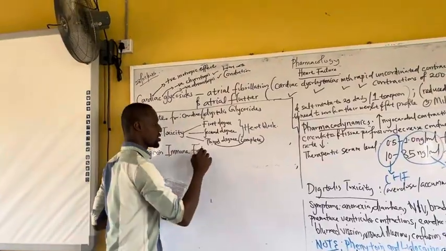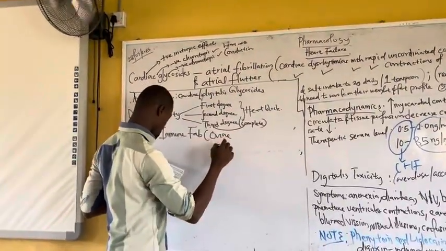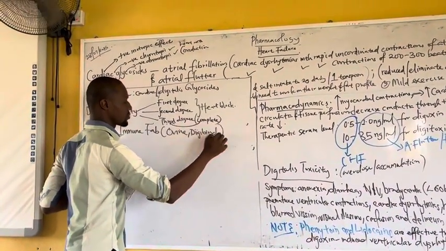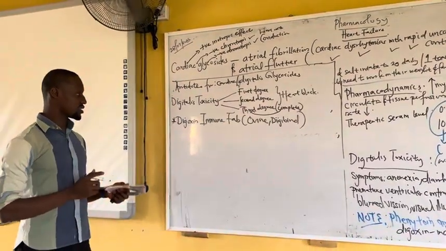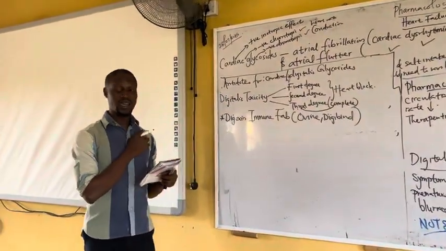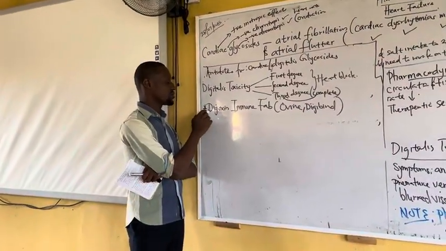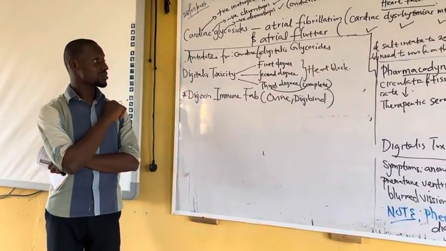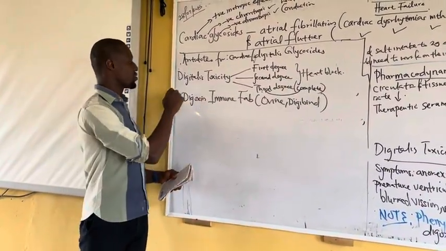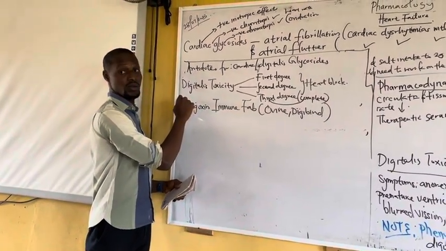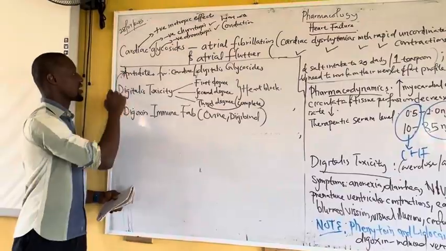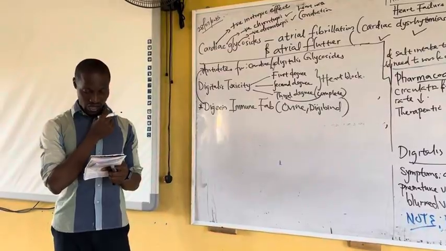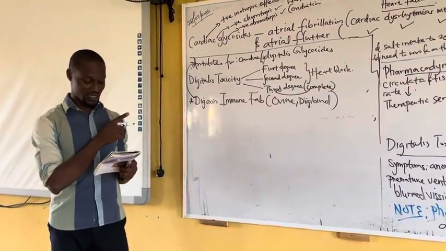for example Digibind, may be given as an antidote to treat severe digitalis toxicity.